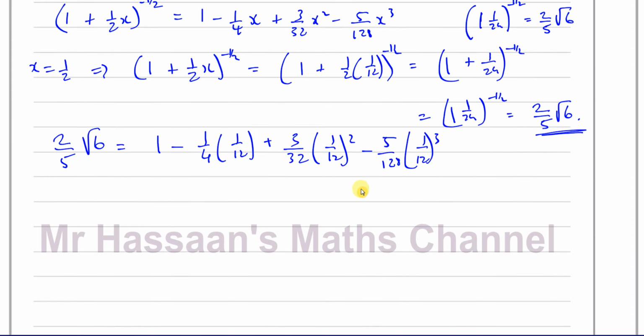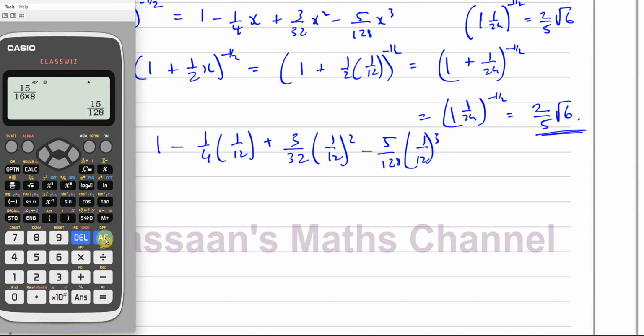Okay, so let's work out what that gives us. So we have 1 minus a quarter times, we have here, 1 over 12.